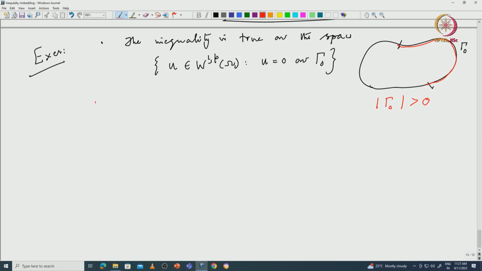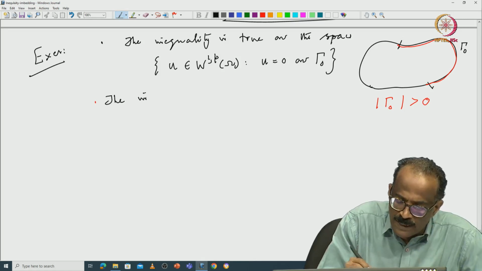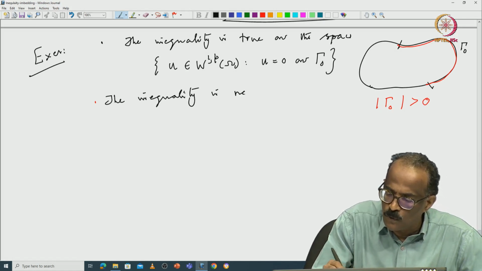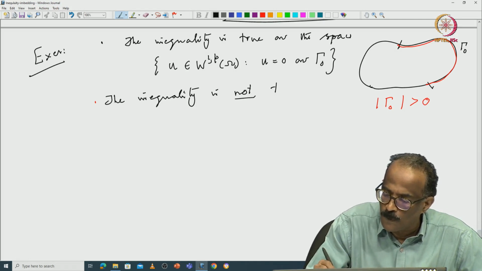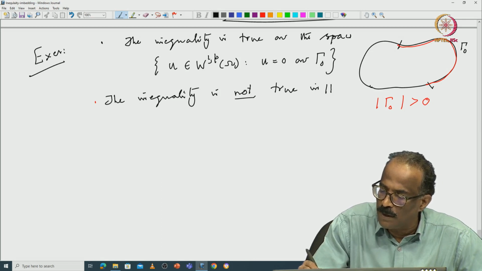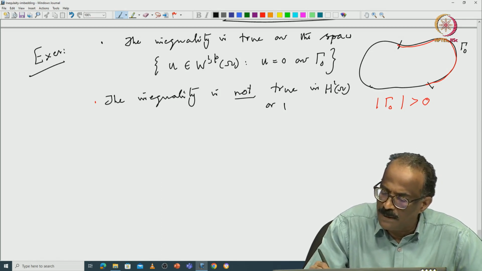The inequality is not true in H1, or W1,p of omega.